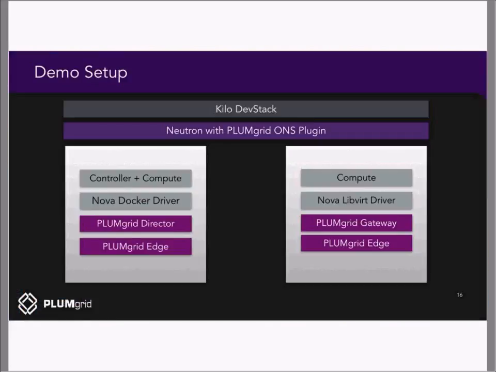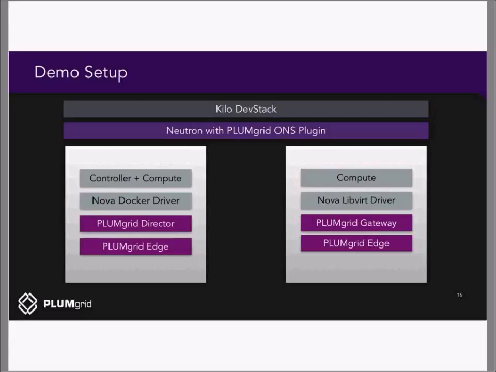In the demo setup, what I have is the latest and greatest, Kilo running with DevStack. I have two nodes, two servers. One server is running a controller and a compute. The other server is running a compute only. One server is running a Nova Docker driver. The other server is running a Nova libvirt driver.